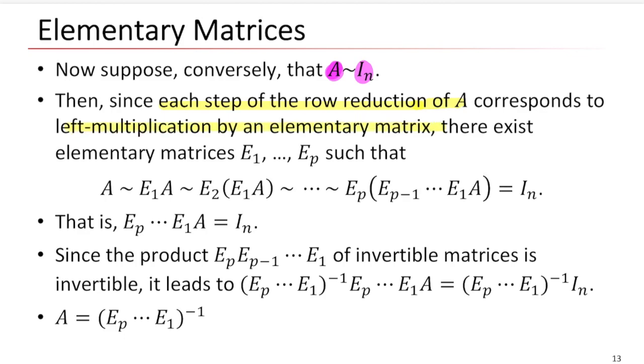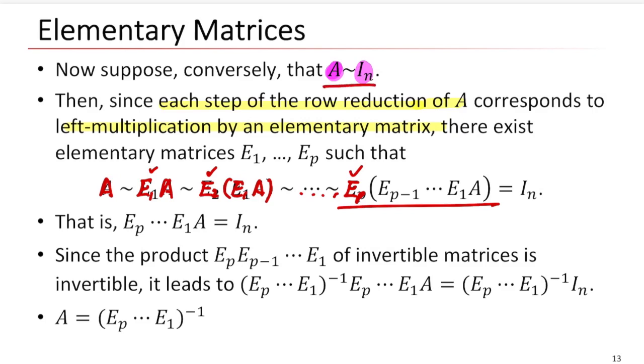So it means that starting from the arbitrary matrix A, we apply elementary matrices E1, E2, and so on through Ep times A. These will be any kinds of row operations, like interchange, replacement, or scaling.